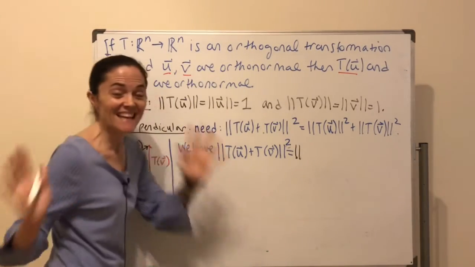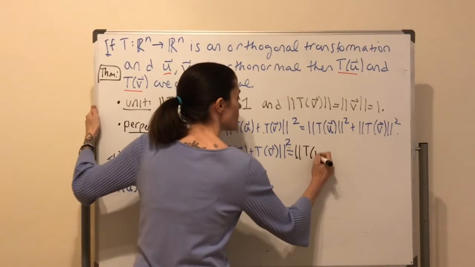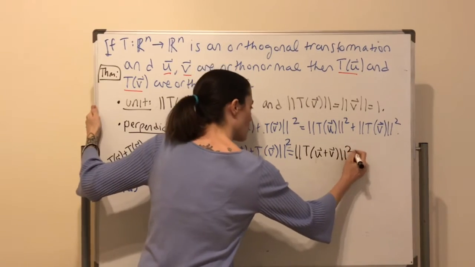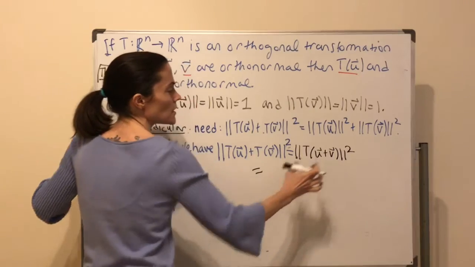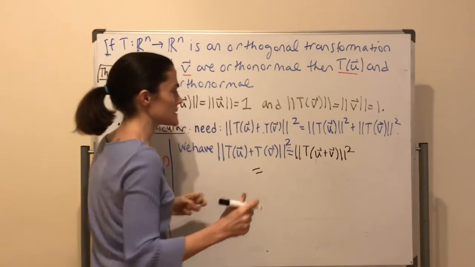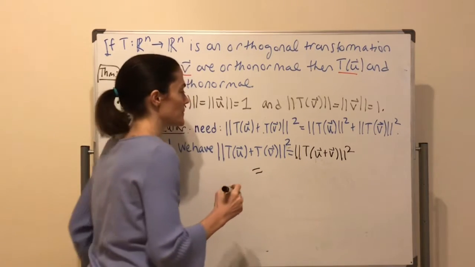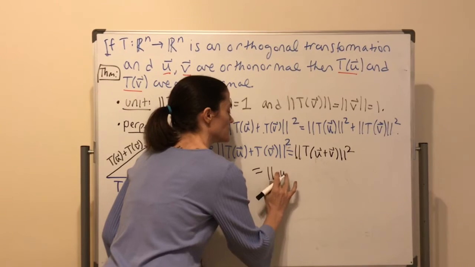Now, it's a linear transformation, so T of U plus T of V is simply T of U plus V. Okay? But now, T preserves lengths. So T of U plus V, its length, is the same thing as the length of U plus V.